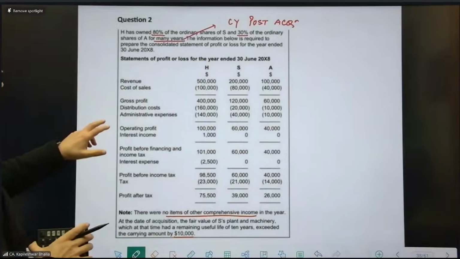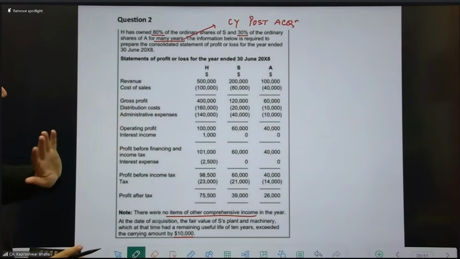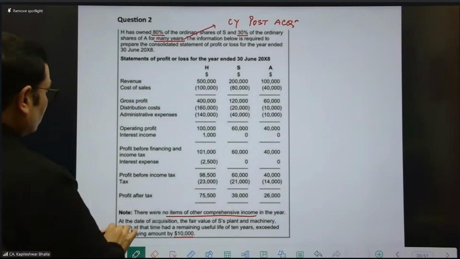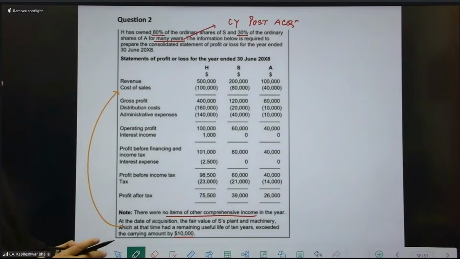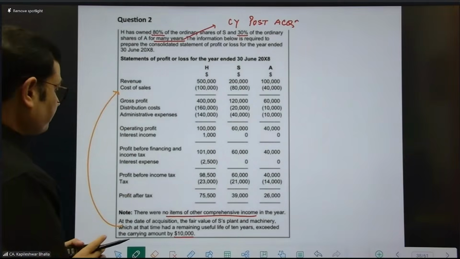If you look at the P&L, depreciation cannot be a part of distribution or administrative expense, so the only logical head seems to be the cost of sale. We need to be careful that when inserting the expense, it is added to an appropriate heading. In this case, the additional depreciation will be taken in cost of sale.